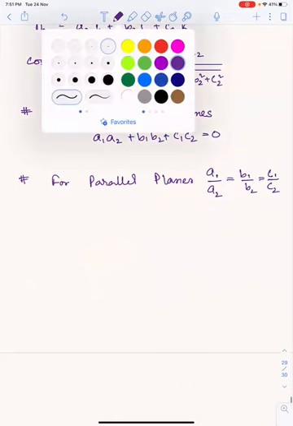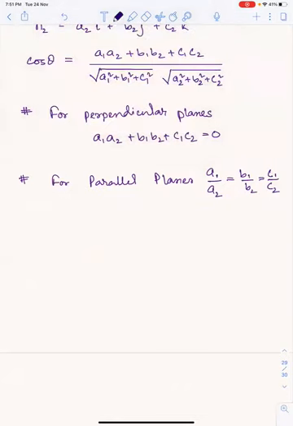The next idea that we will address is intersection of a plane with a line.